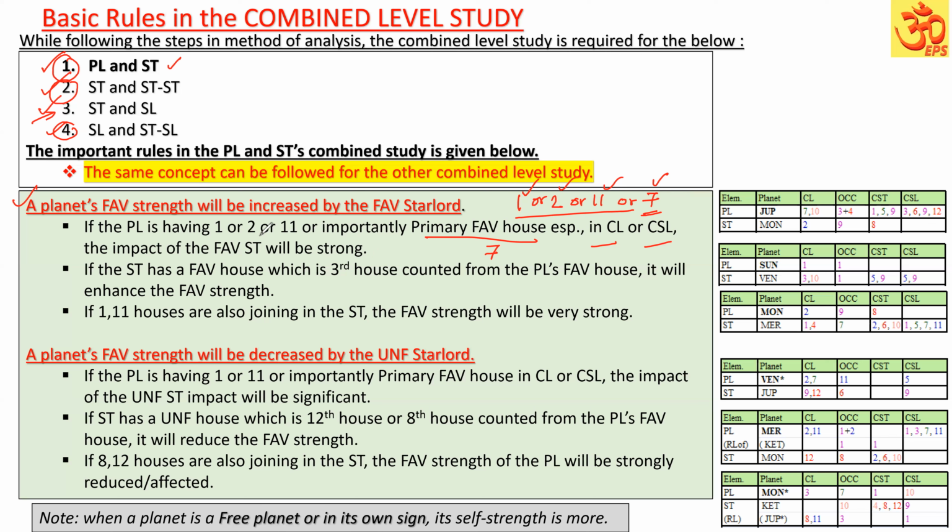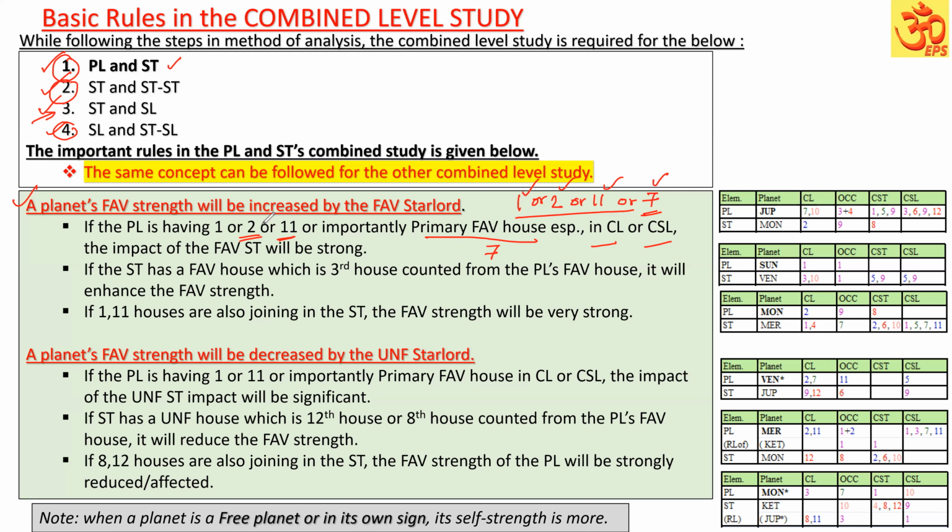Please understand, I have given 1 to 11. Basically, these houses are commonly applicable for this rule for all the events. But if the second house is coming under unfavorable, for example, for health related matters, even the 11th house, for the Chara Lagna, 11th house will be a Badhaka, right?